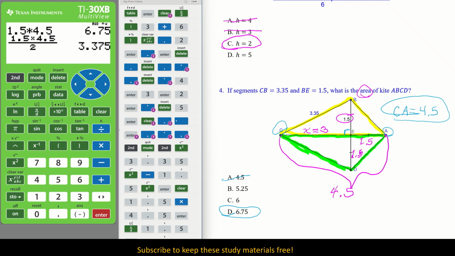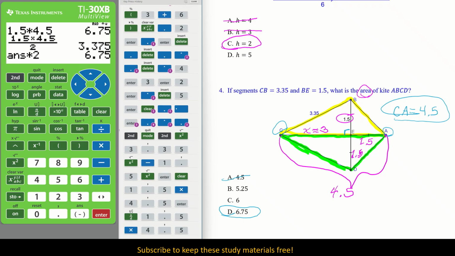That means we would either say 3.375 times 2. Okay? So let's say times 2. Or, we'd have to take 2 of them and add them together. Sorry. Either way, we have 6.75. Wow, I said the wrong thing. Let me type in what I should have said.